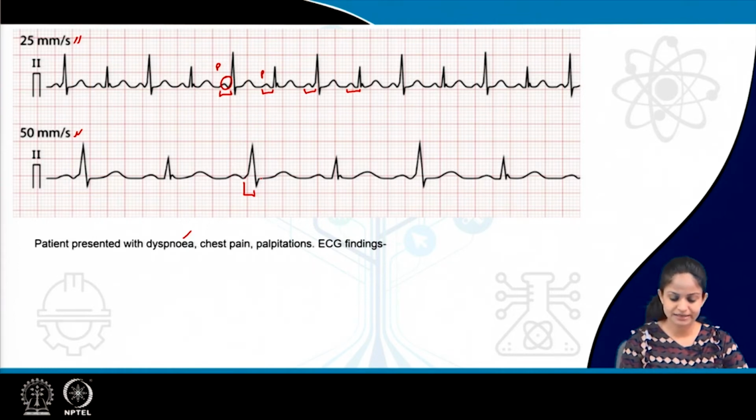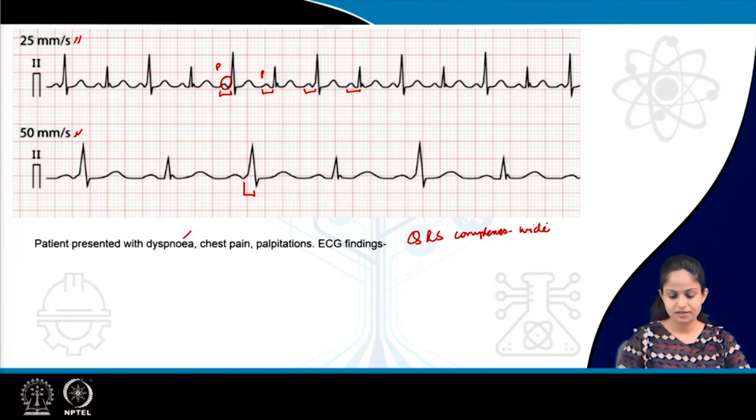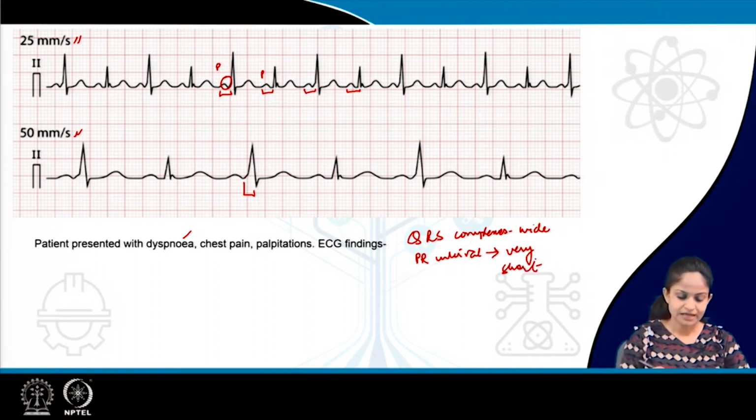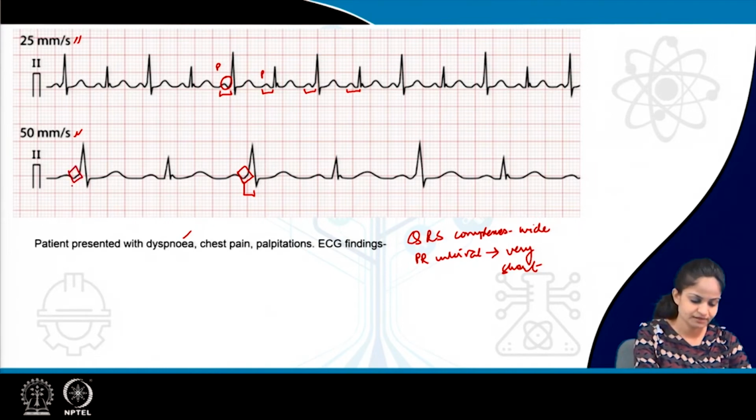So, the QRS complexes are wide, then we have a very short PR interval, and we can see this slope, this is nothing but the delta wave.